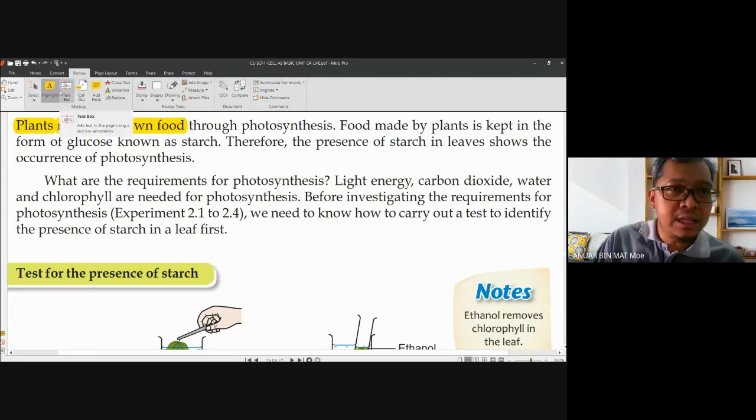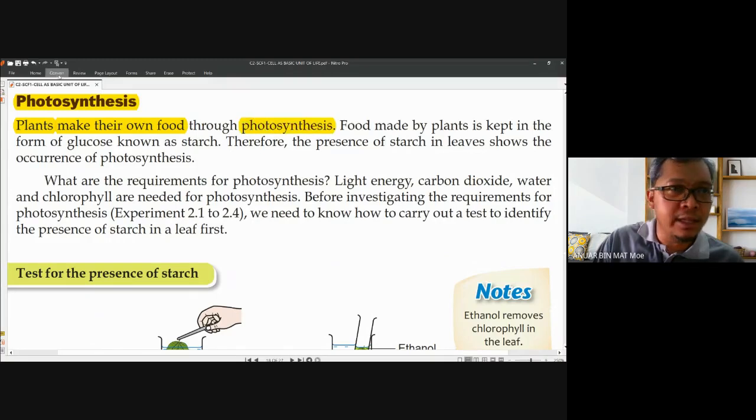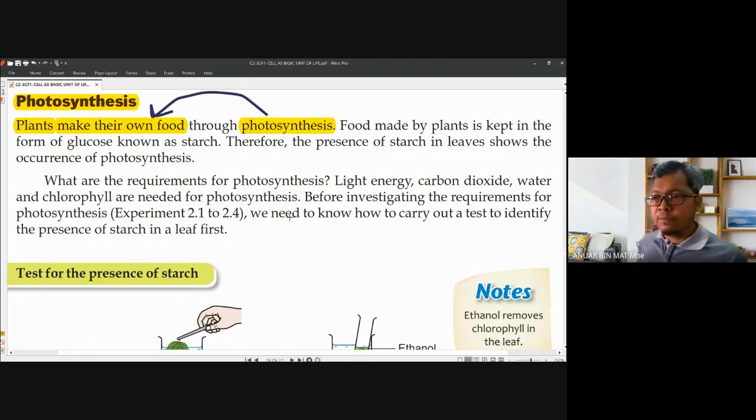So this is the meaning of photosynthesis: the ability of plants to produce their own food. One of the special features of plants is that they are able to make their own food.